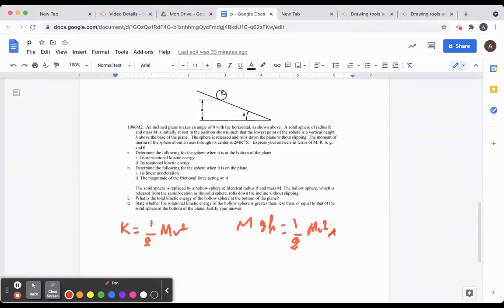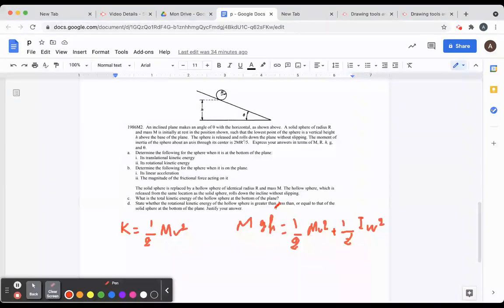So 1/2 mv square plus 1/2 I omega square, and I is the moment of inertia. So this is translational kinetic energy, and this is rotational kinetic energy.